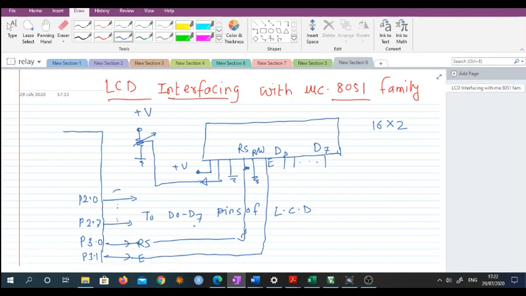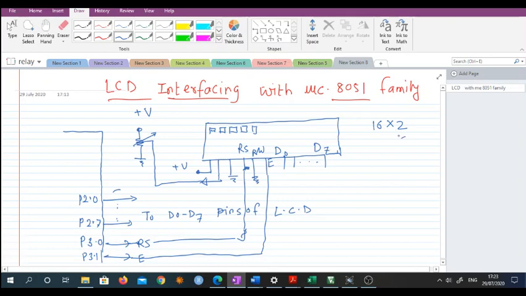Now let me clear up what is meant by this 16 by 2. 16 by 2 means there are 16 characters, not rows. In this LCD you can observe that we can display a total of 16 characters in one row.